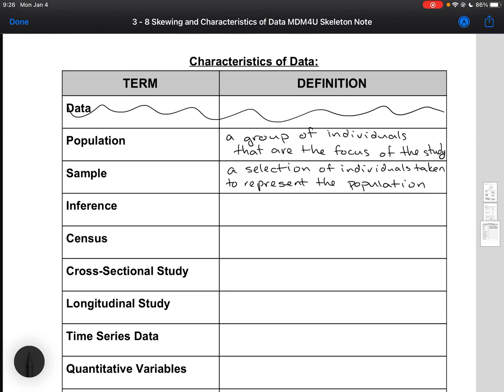You could take a sample by taking a few students from each grade proportionally to represent the entire population of Glenview from their responses. An inference is a conclusion about the population made from the sample.